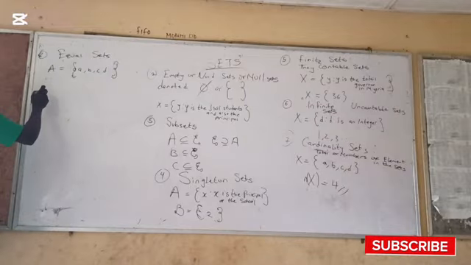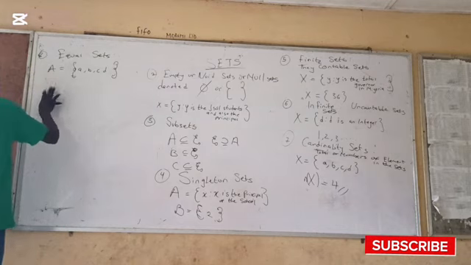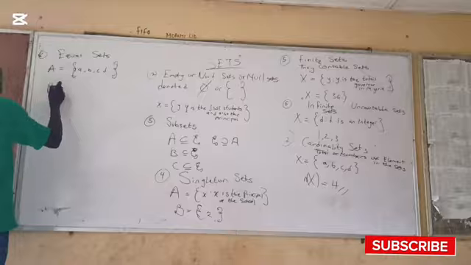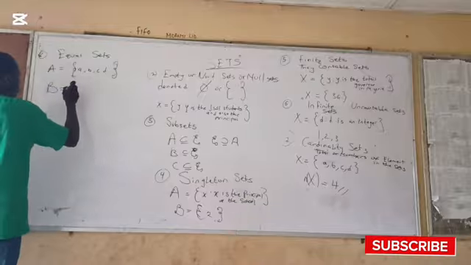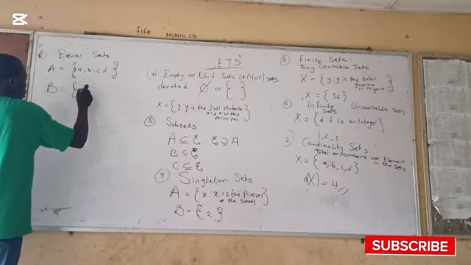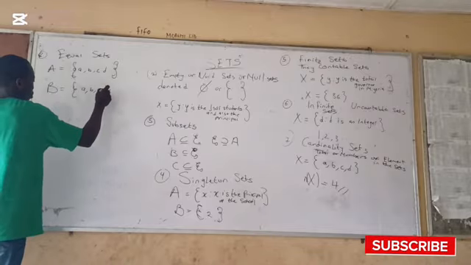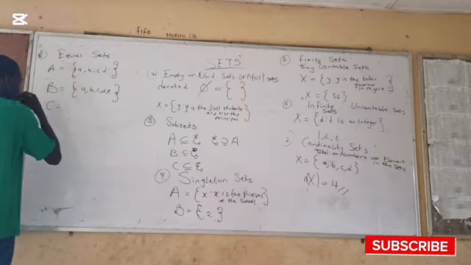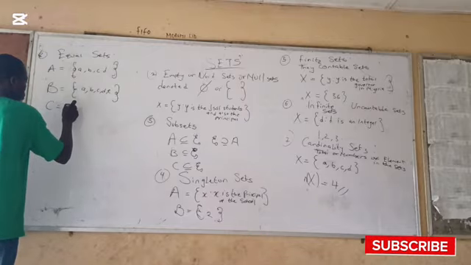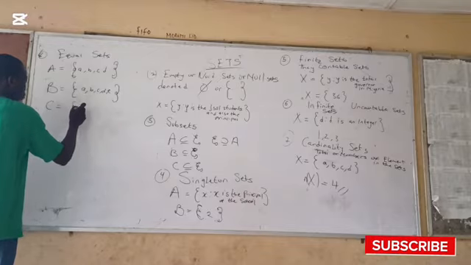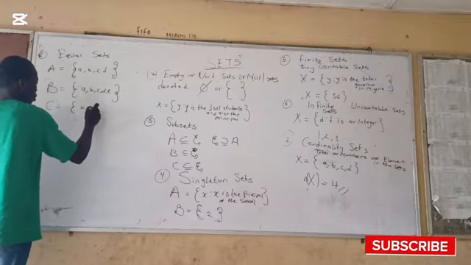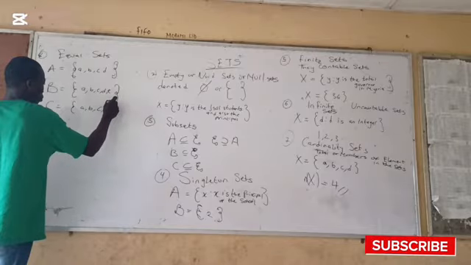So you have this first set A to be {a, b, c, d}, and you have the second set B to be also {a, b, c, d, e}, and you have the set C to be {a, b, c, d}.